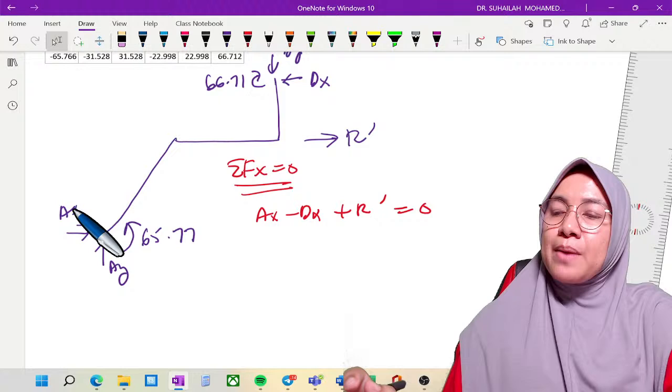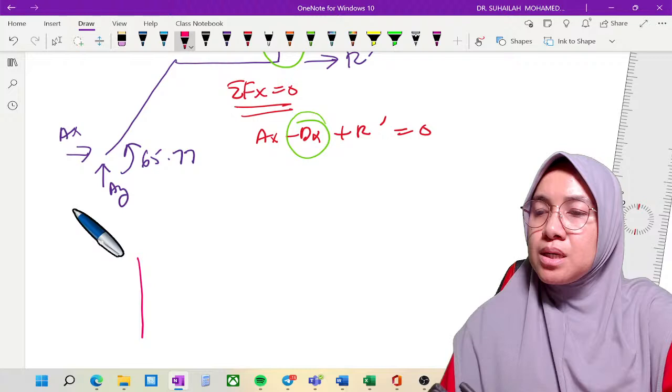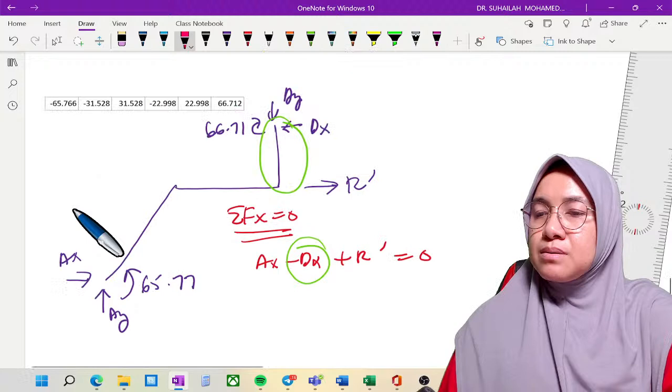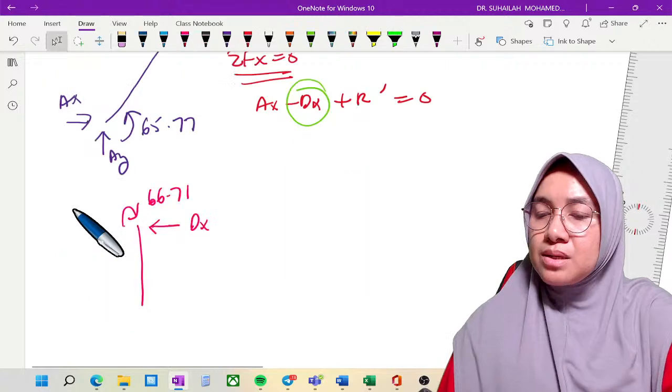DX will be determined by analyzing column CD. Okay, this is the free body diagram, 66.71 positive, and then 23, so this is 23. This is 9 meter, for example.